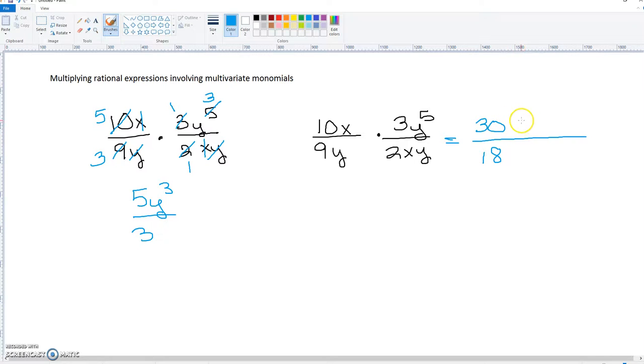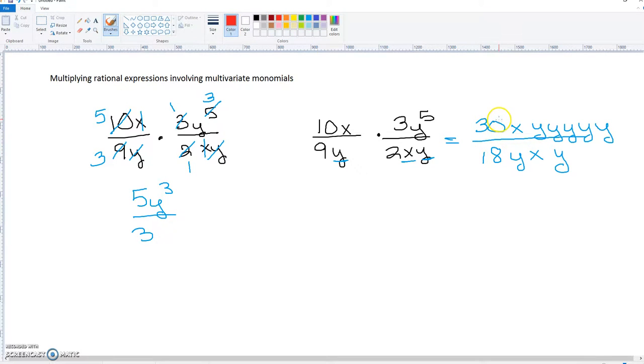Now if you don't remember the whole subtracting part from last week, you can actually expand your letters out. So we've got y, and then on the bottom we've got y, x, and y. I simply took these and moved them over.